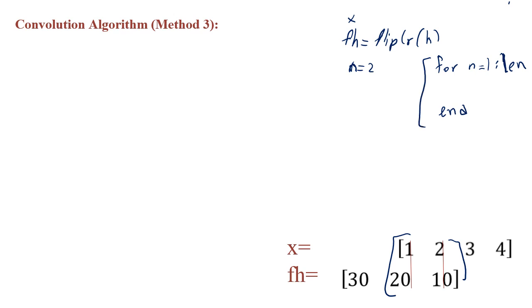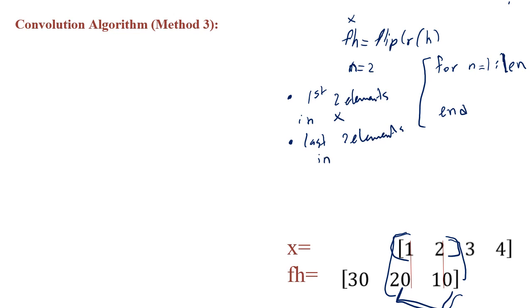Now in this particular example, n is equal to 2, and what we're doing is multiplying each corresponding element between the first two elements in x with the last two elements in FH.